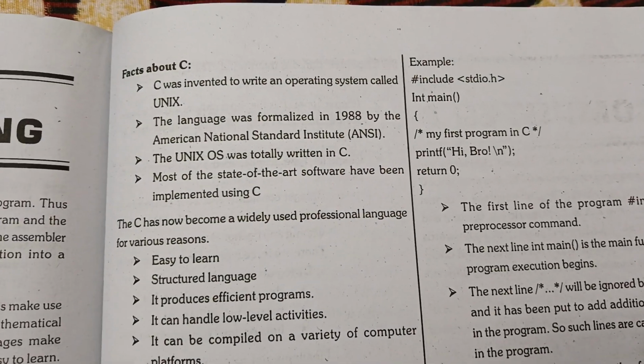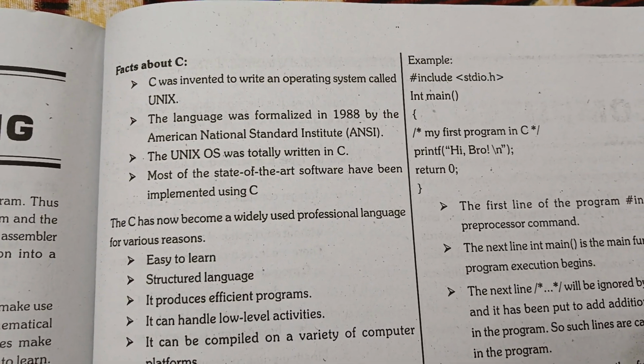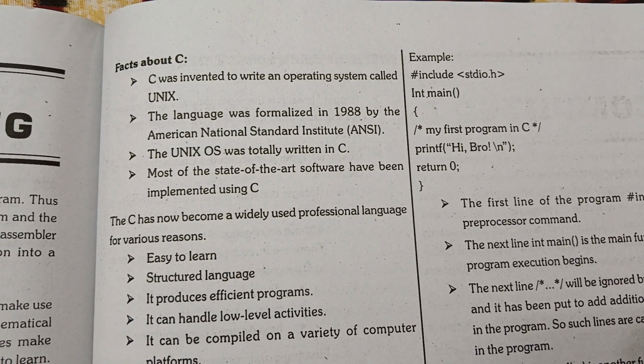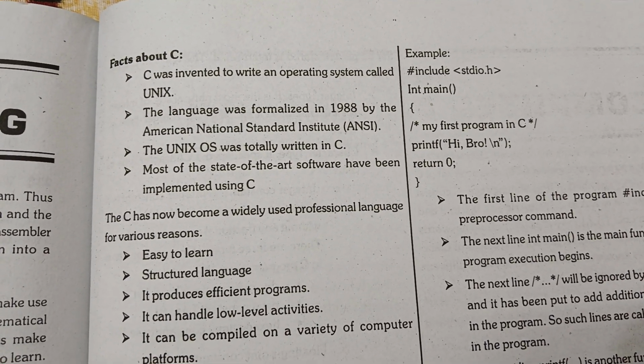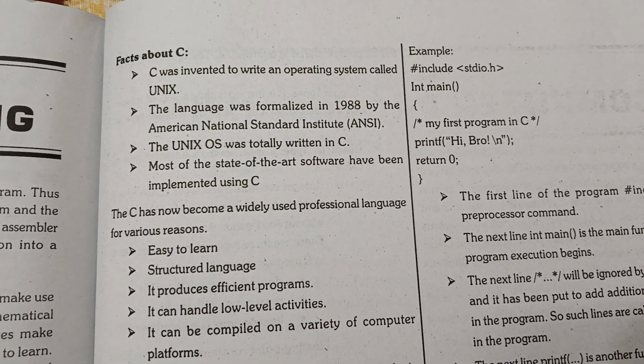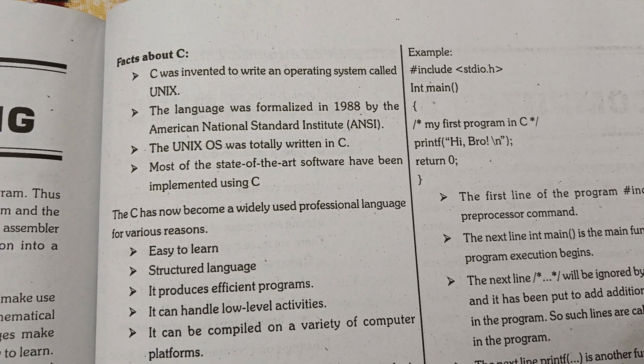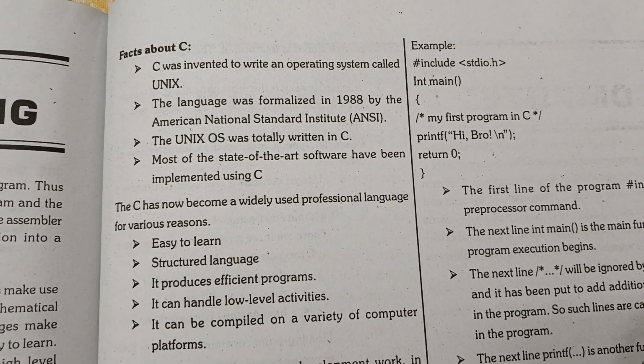Facts about C. C was invented to write an operating system called Unix. The language was formalized in 1988 by the American National Standard Institute (ANSI).